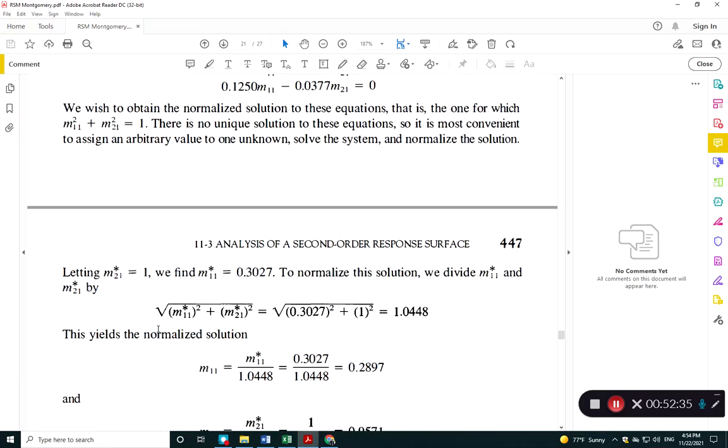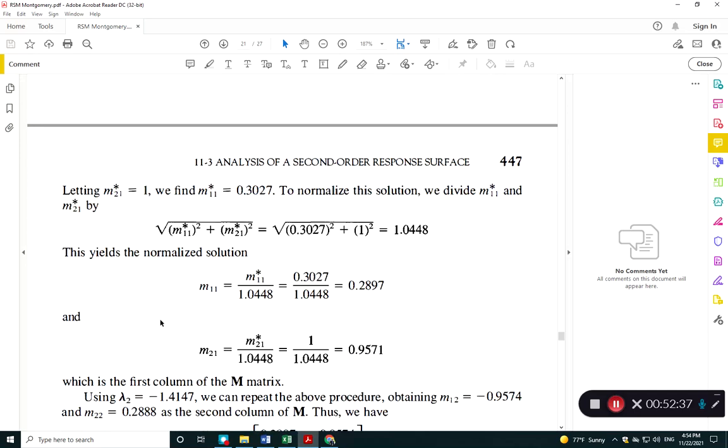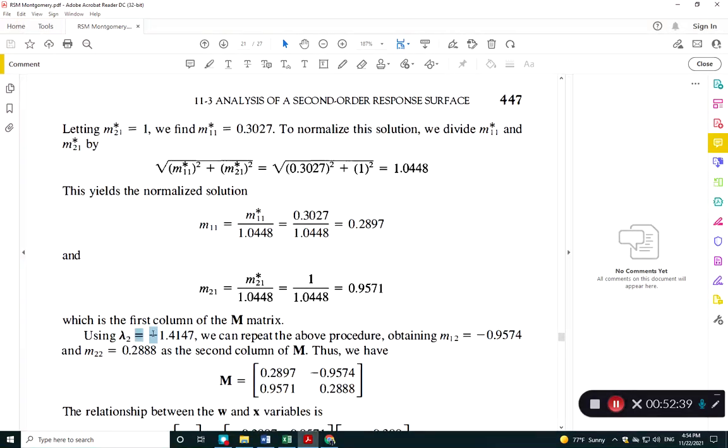Eigenvalue 2 is negative. What does that mean? According to the rule, eigenvalue 1 is going down, down. Eigenvalue 2 is going down, down. So my stationary point is a peak. Everybody with me?